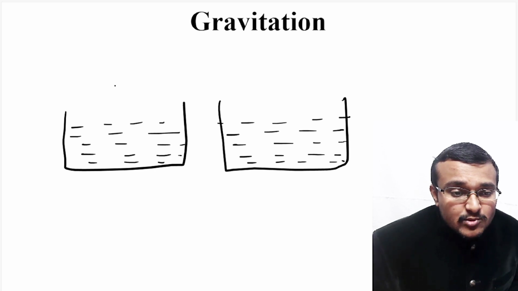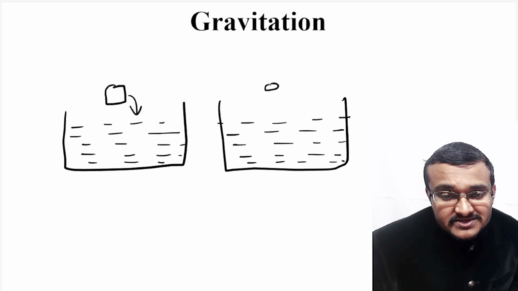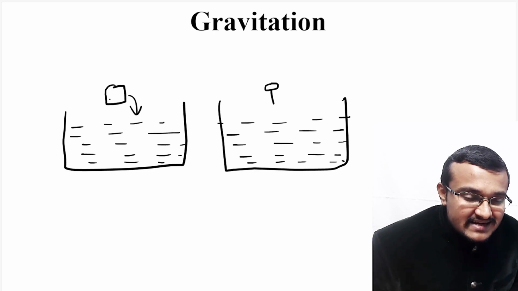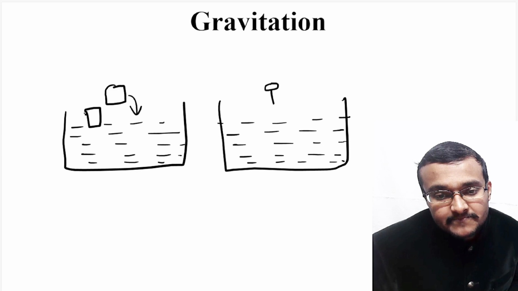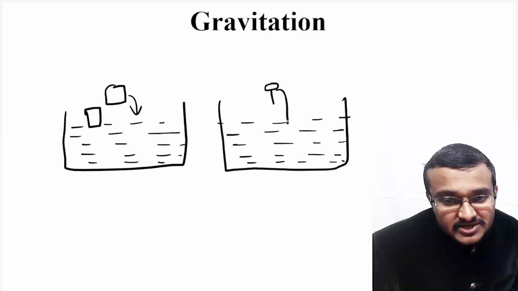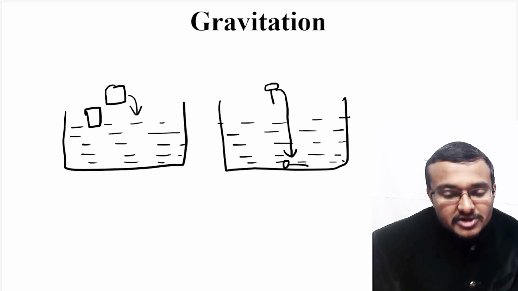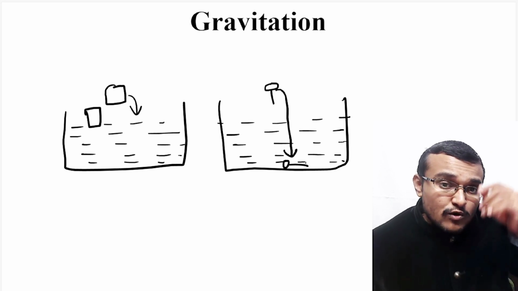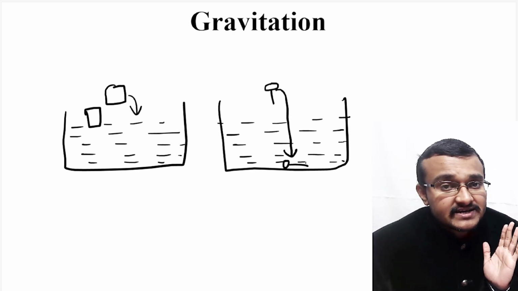If you put a rubber cork into one container and an iron nail in the other, you can see that the rubber cork will start floating on the water, and the iron nail will drown inside the water and stay at the bottom like this. So here the nail has overcome the upthrust and has settled down on the bottom surface of the container.